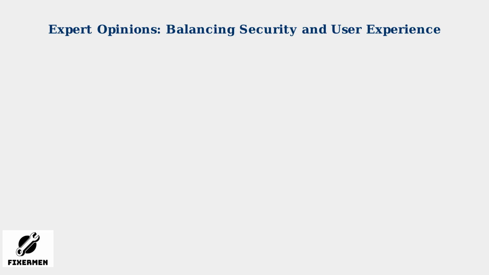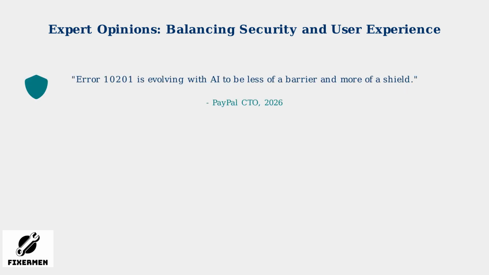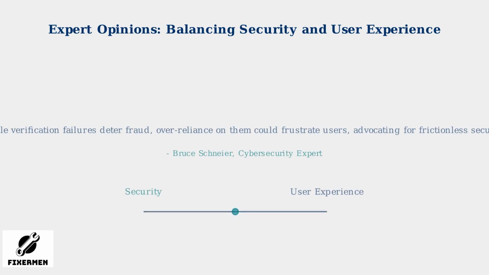Expert opinions highlight the critical balance between robust security and positive user experience in handling PayPal's error code 10201. PayPal's CTO explains that the error is evolving through AI to become more of a protective shield than a barrier. Cybersecurity expert Bruce Schneier warns that while verification failures prevent fraud, excessive reliance can frustrate users.